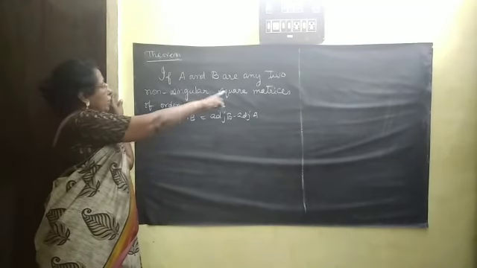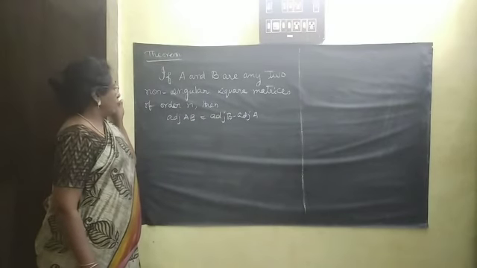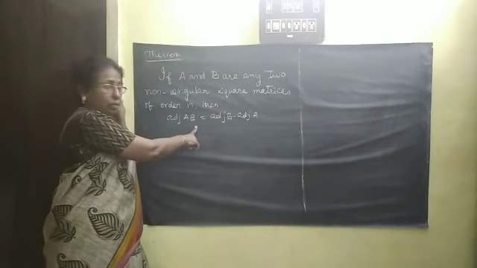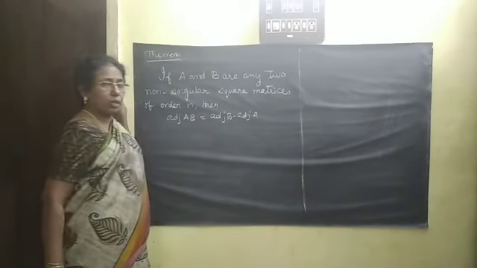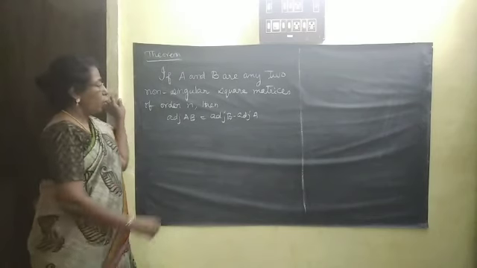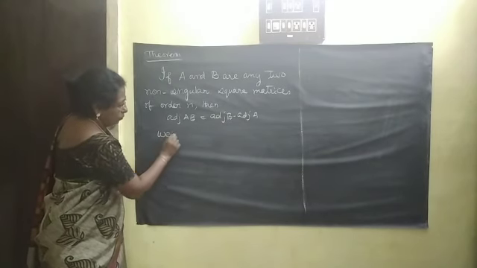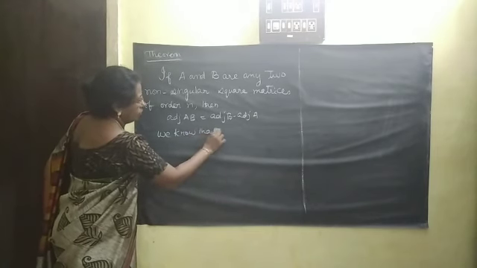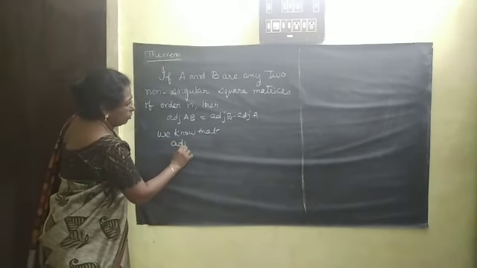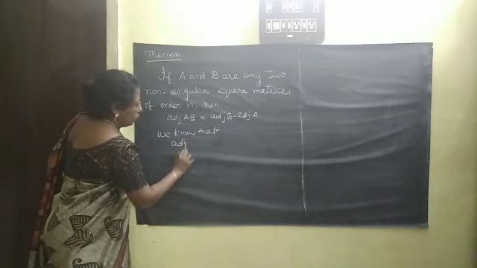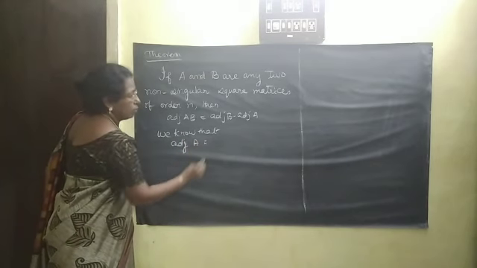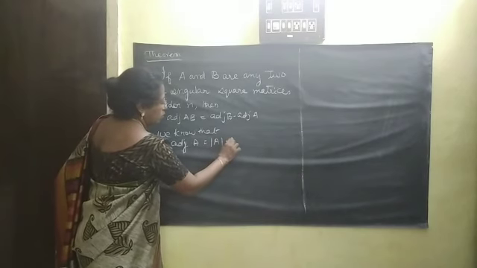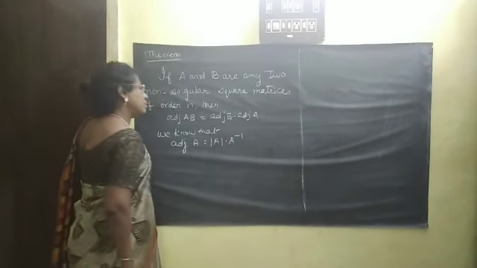If A and B are any two non-singular square matrices of order n, then adjugate of AB is equal to adjugate of B into adjugate of A. We know that adjugate of A is equal to determinant A into A inverse.